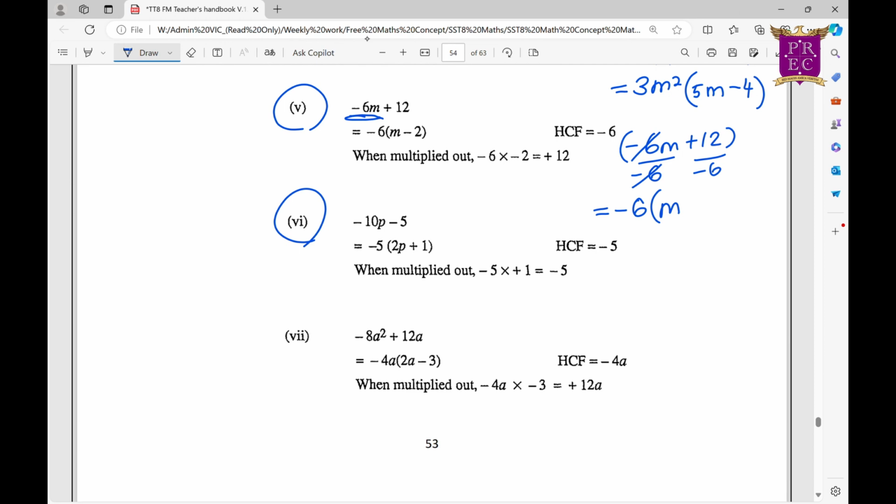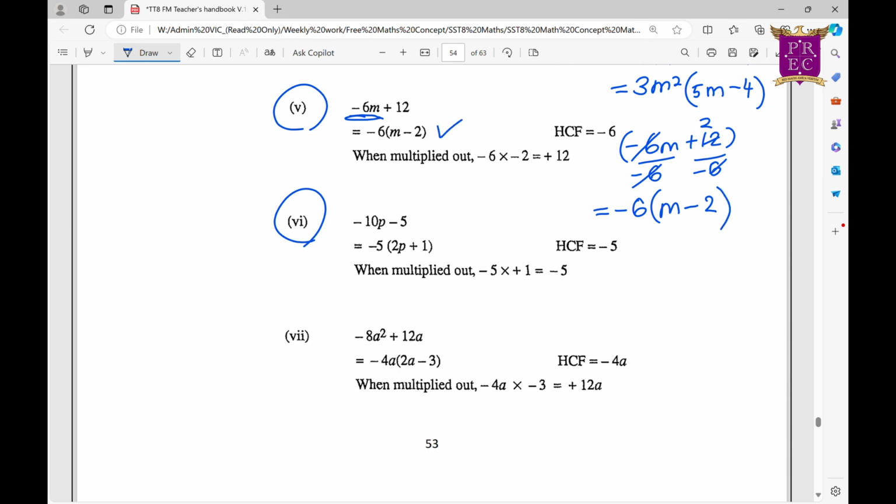And positive 12 divided by negative 6. Now, what do we have to multiply to a negative to give us a positive? We need to multiply it with a negative. So we automatically know that if there's a positive here, then inside the bracket would have to be a negative. And 12 divided by 6 is 2. So we're just left with negative 2.